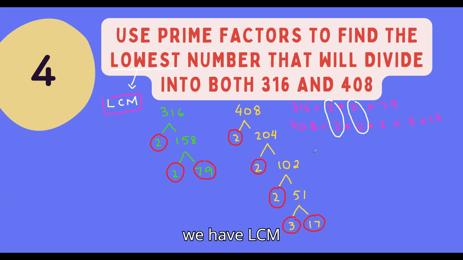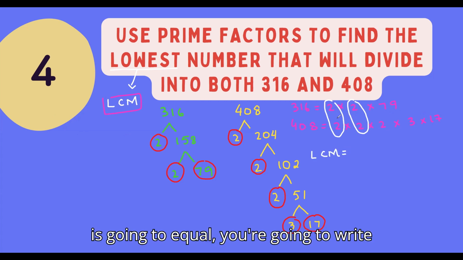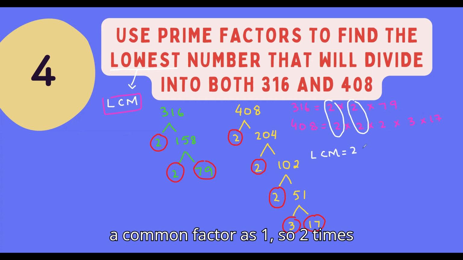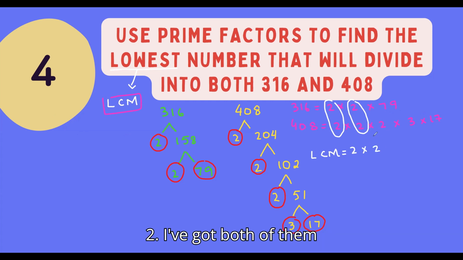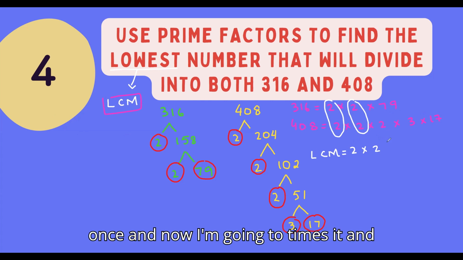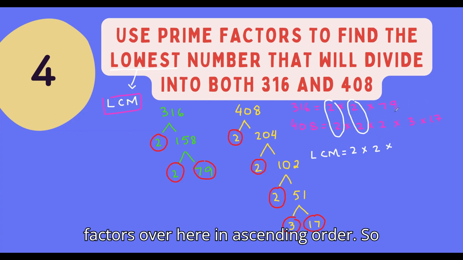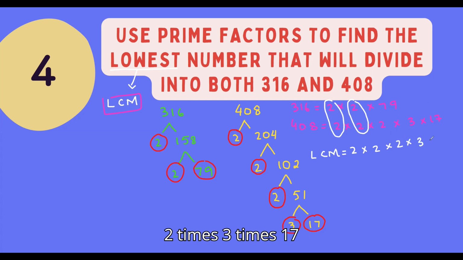So we have LCM is going to equal, we're going to write our common factors once, so 2 times 2. I've got both of them once, and now I'm going to times it, and I'm going to write all of the other factors over here in ascending order. So 2 times 3 times 17 times 79.